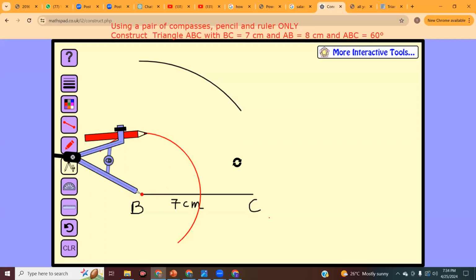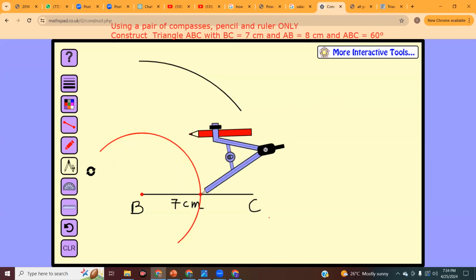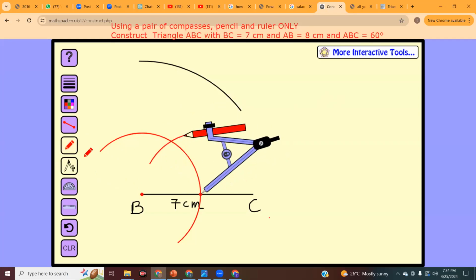And then after you create the arc, you would put the compass on the line where you created the arc. Then after that, you create the next arc. Very good. So we draw another arc again, like so, right? And then after that, to make 60 degrees, what are we gonna do? Draw a line in between the middle of the arcs. Very good. So we have to draw a line in the middle.